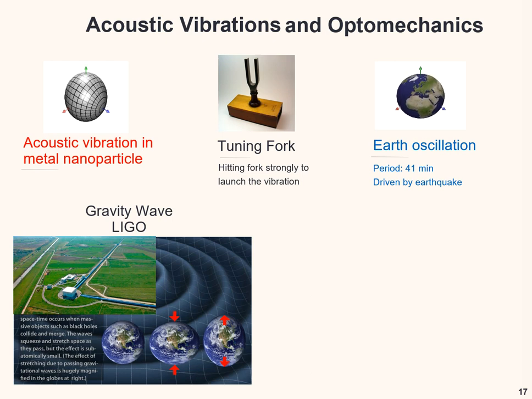The second question is how we can detect it. We are employing ideas from optomechanics and from how we detected the gravity wave last year. I think everybody in the science world was very excited about this news. When a gravity wave passes through our planet, there is a small change in our planet. But how do we detect these small changes?